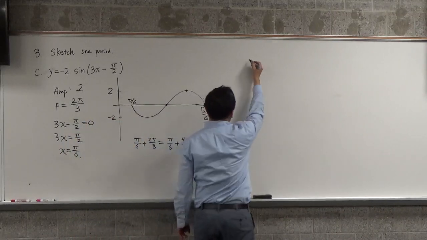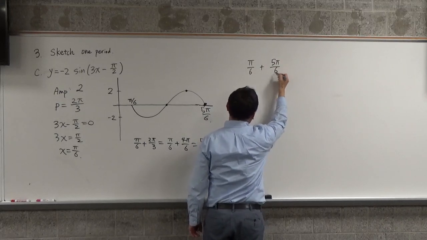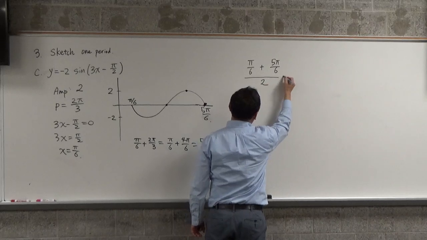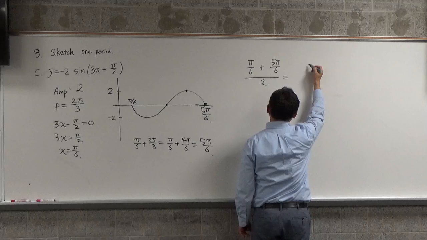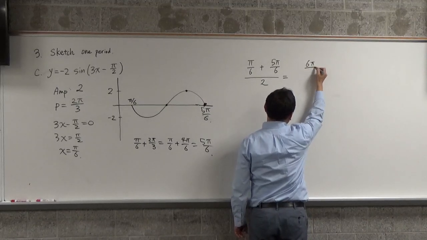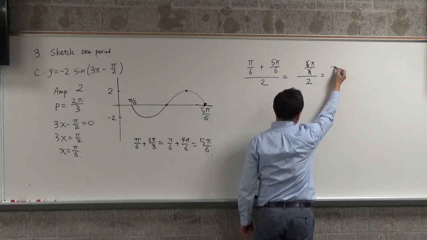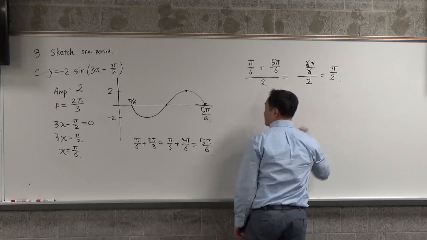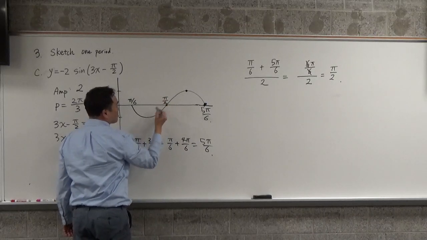So you add pi over 6 and 5 pi over 6 and divide by 2. Same denominator, so you just have to add the top. Pi plus 5 pi is 6 pi, divided by 6 over 2. And 6 cancels, so you just have pi over 2. So we've identified that this coordinate is pi over 2.